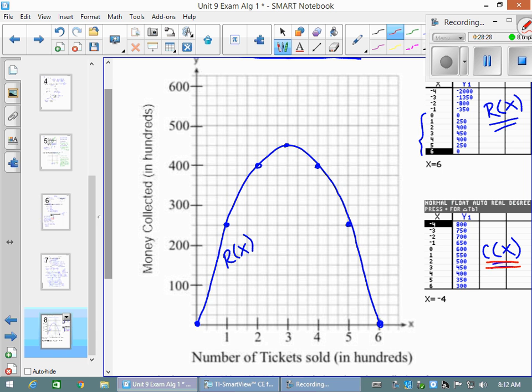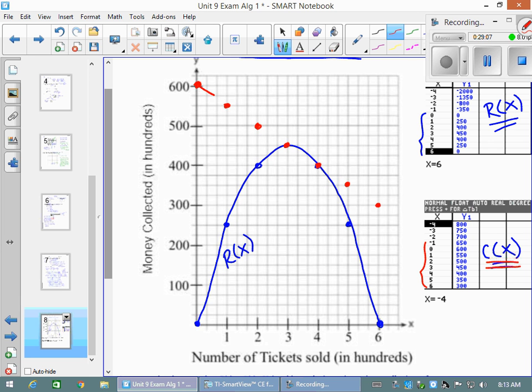So I have the point 1, 550. 2, 500. 3, 450. 4, 400. 5, 350. And 6, 300. Okay, so this is my c of x.